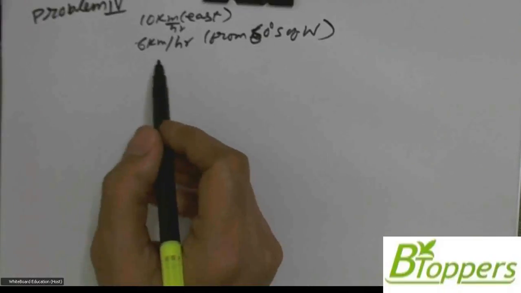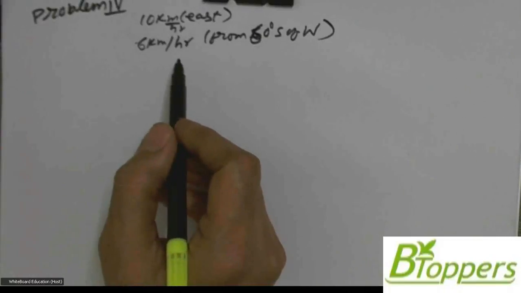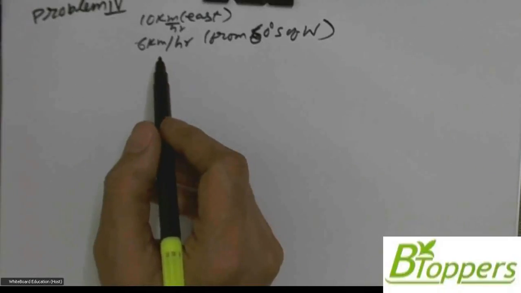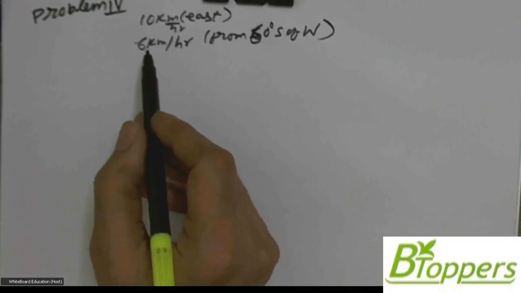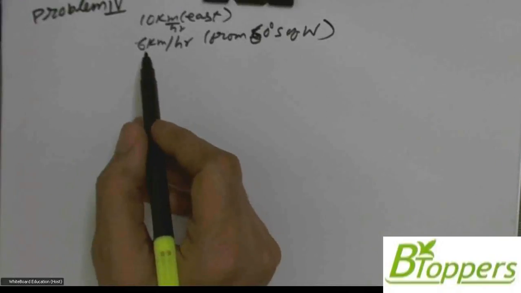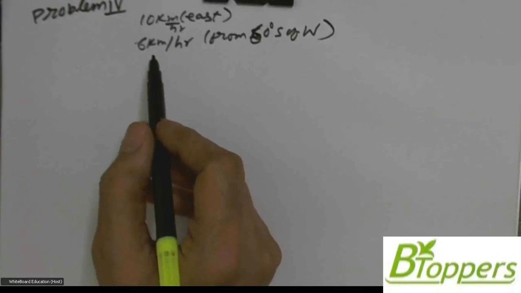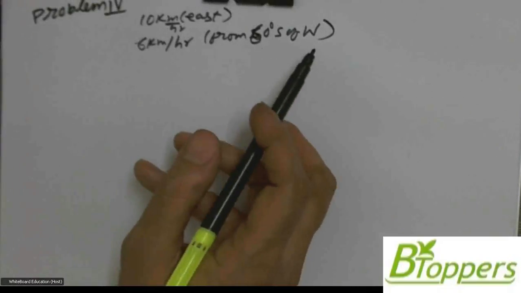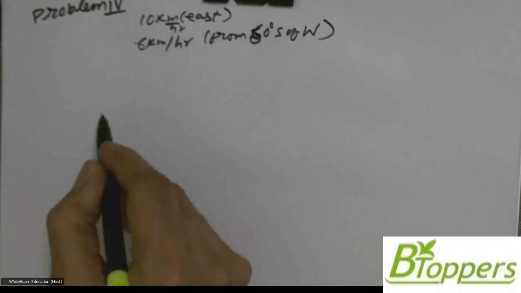So the other velocity, 6 km per hour, represents the velocity of the wind with respect to the man. That means relative velocity of the wind with respect to the man is 6 km per hour from the direction 60 degrees south of west.